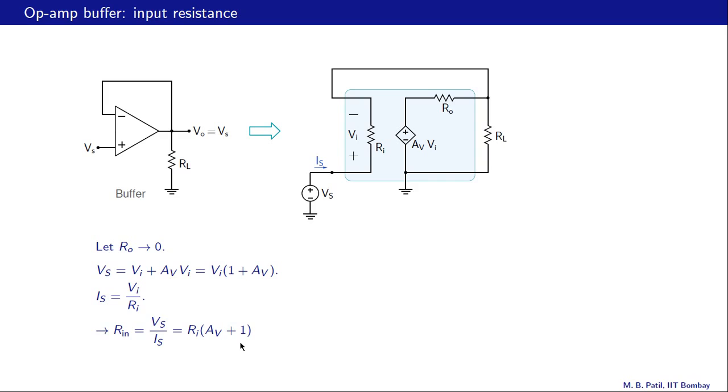And this of course is a very large input resistance. Ri is a few megohms and AV is 10 raised to 5, so it is really very huge. So that means looking from here we see a very large input resistance for the op-amp buffer.